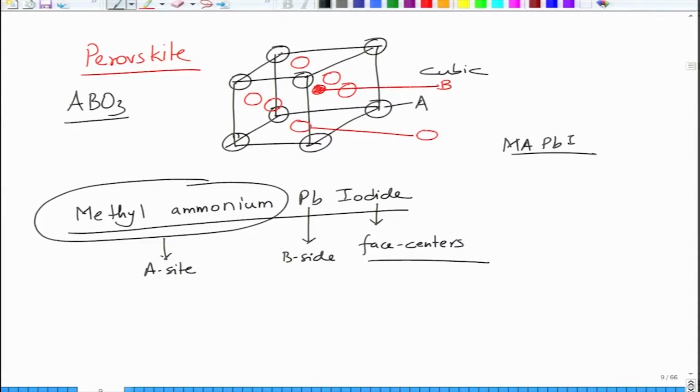So, this is what it basically makes, the solar cell, the perovskite structured material.